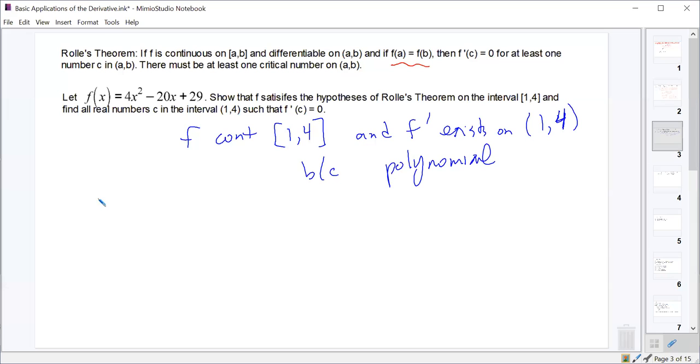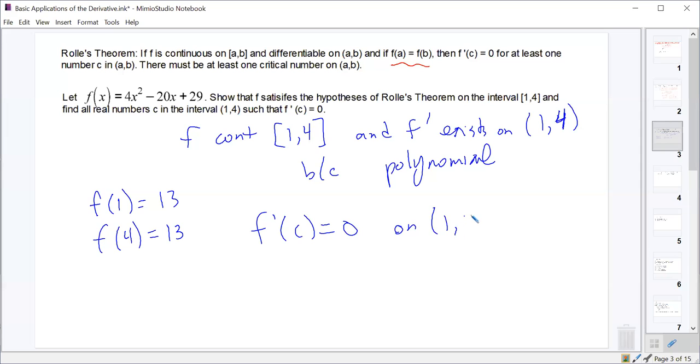And then f of 1 equals what? 13. And what's f of 4? Should also be 13. So this tells us that f prime of c equals 0 somewhere on the interval from 1 to 4.